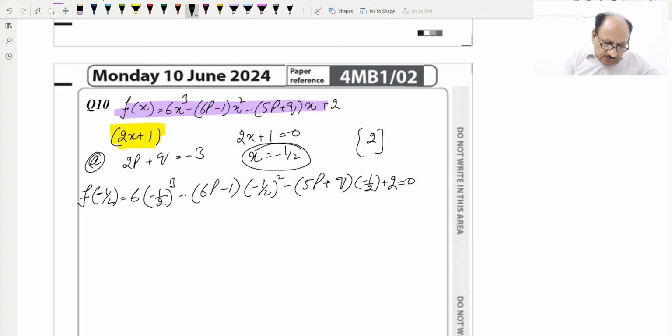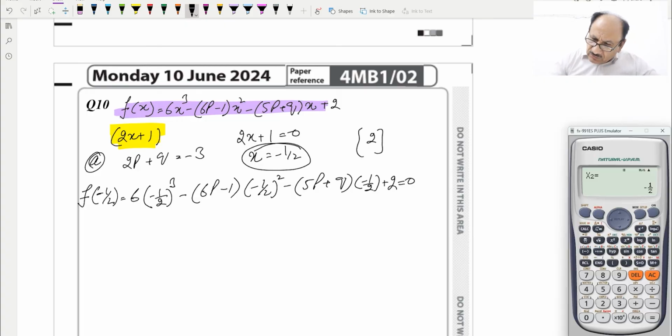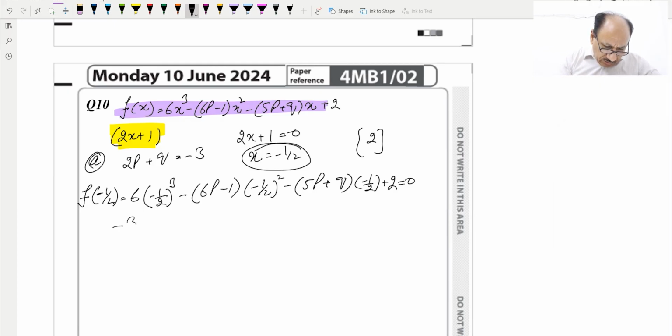Now we can simplify, and this will be 6 in brackets minus 1 over 2 cubed, and this is equal to minus 3 by 4. So we can write here minus 3 by 4, and then minus 1 by 2 squared will be 1 by 4.